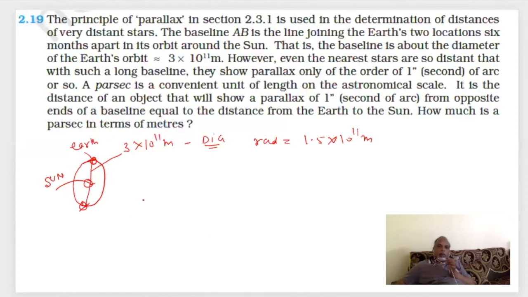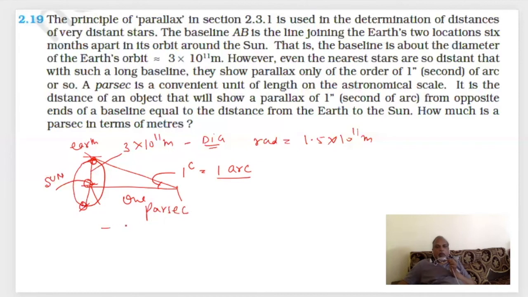So this is the distance from the sun to the earth, and this is going to make an angle of one arc, and this distance is defined as 1 parsec.